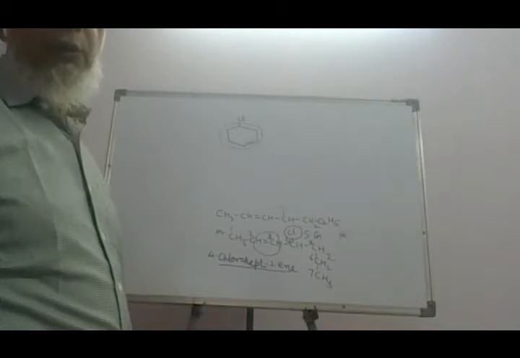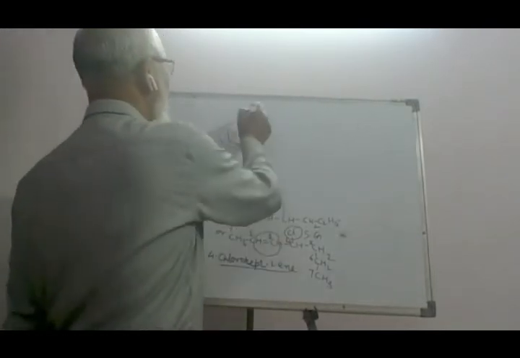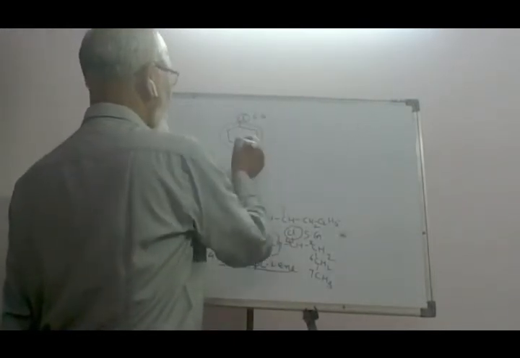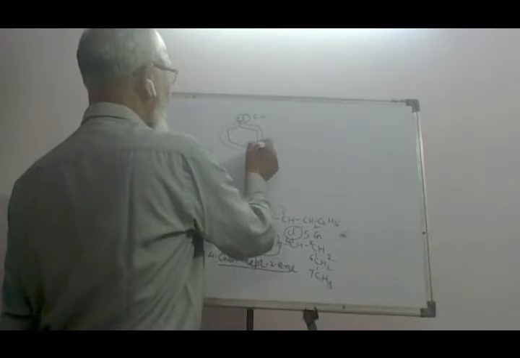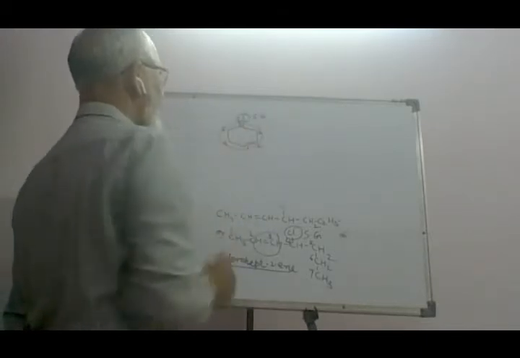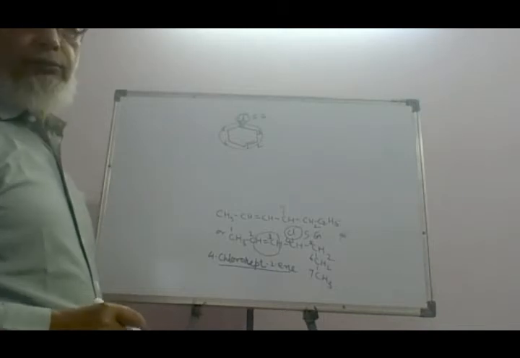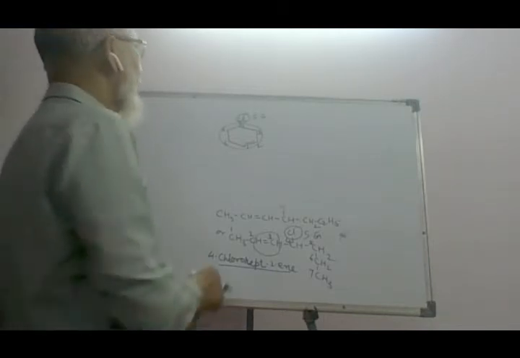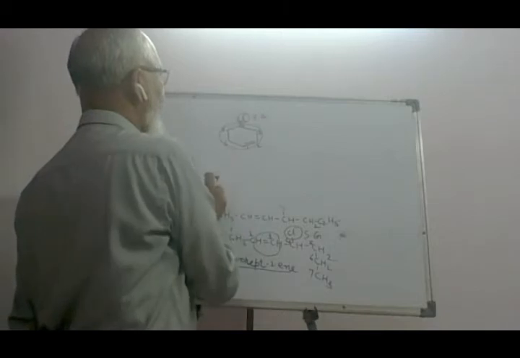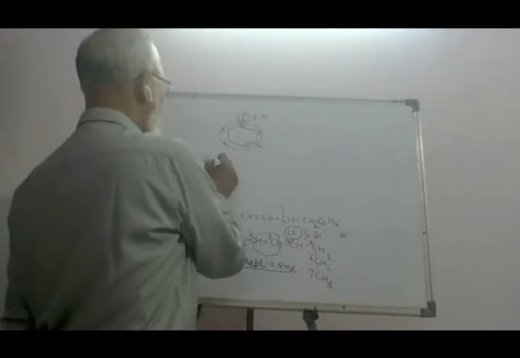First we number the carbon-carbon double bond, and then the substituent group. This is your substituent group. So numbering should be started from here: 1, 2, 3, 4, 5, 6. So first we write the position and the name of the substituent group. It will become 4-chloro.